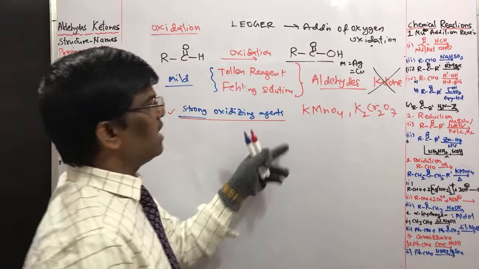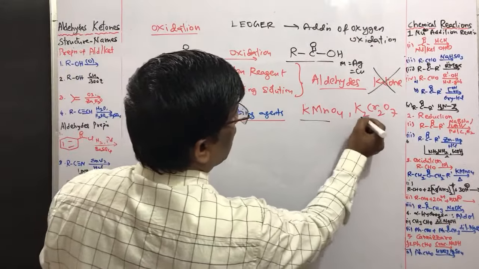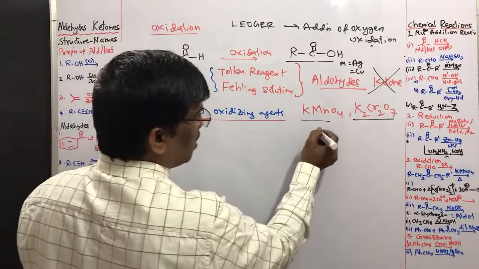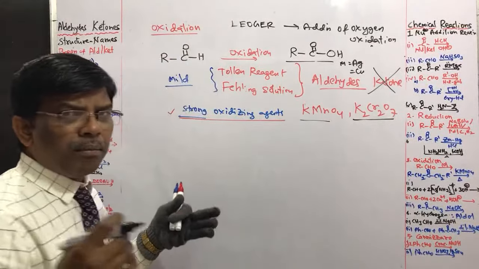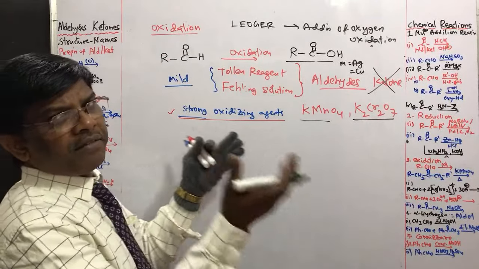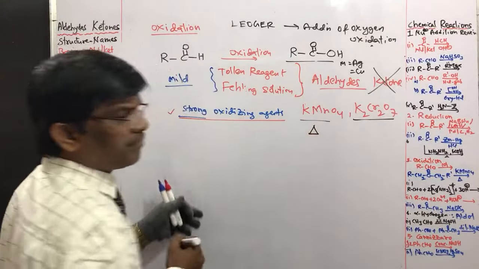Strong oxidizing agents such as KMnO4 or potassium dichromate oxidize ketones, but they give a mixture of compounds because the molecule breaks in different ways, and it requires heating.